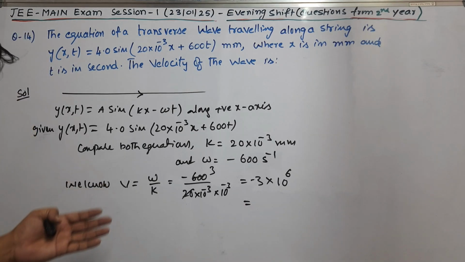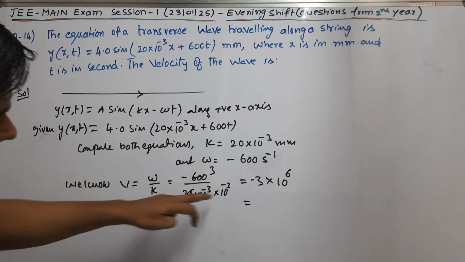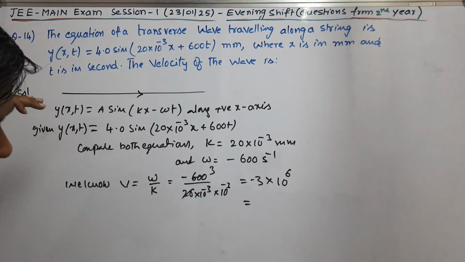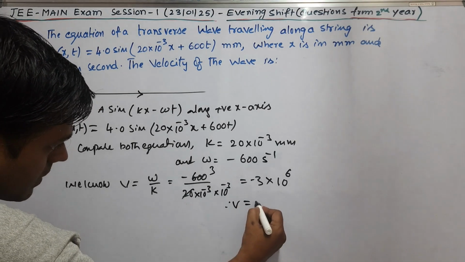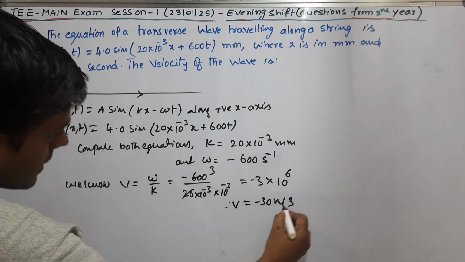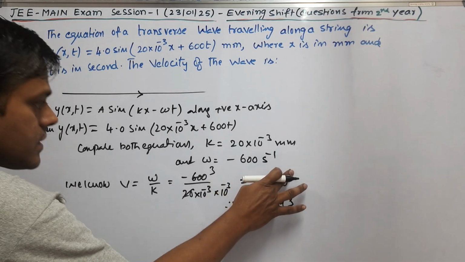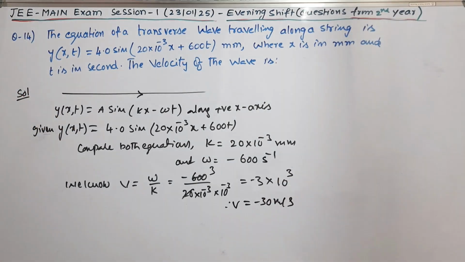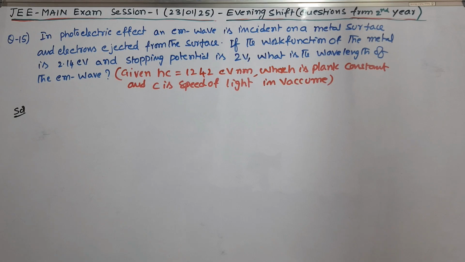It is along the positive x axis. Why? Because we get this value as negative, that represents the positive x axis. So v is equal to minus 30 meter per second, okay, right. Sorry, this is 3 into 3, isn't it?